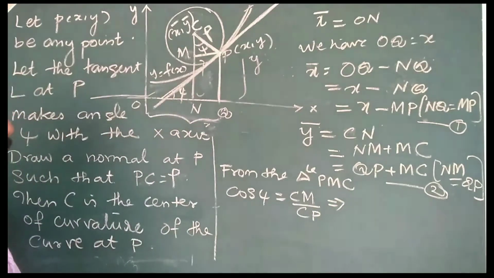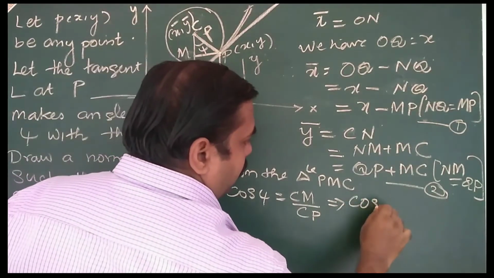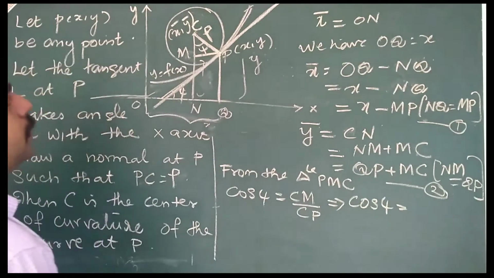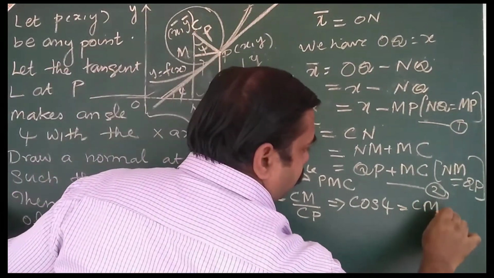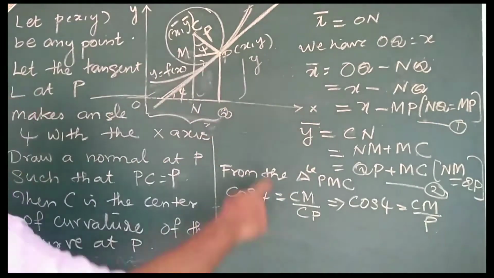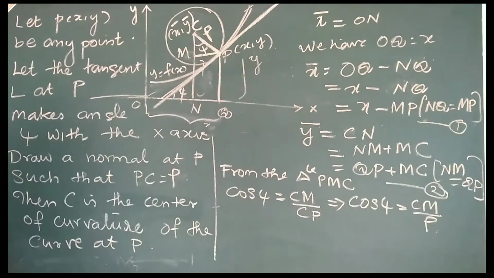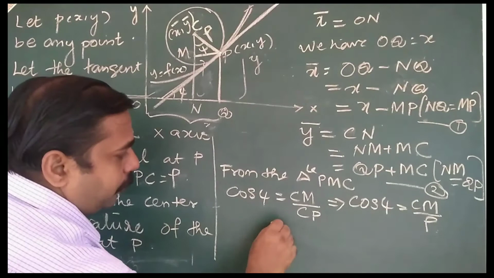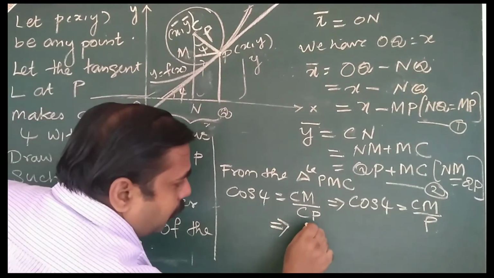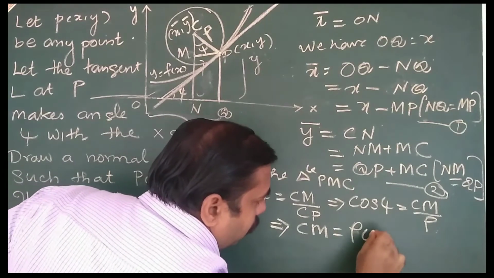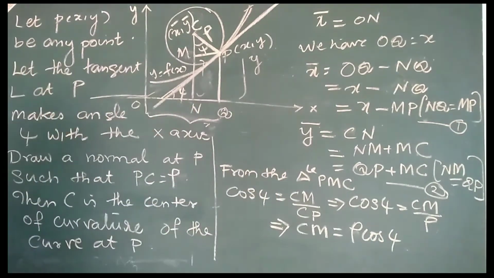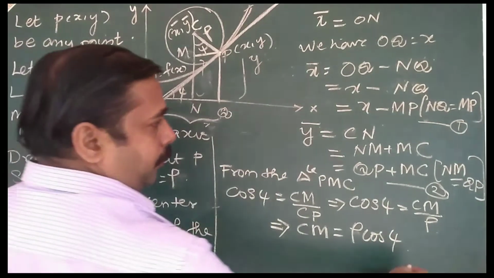That implies cos psi is equal to CM by rho, because CP is equal to rho. That implies CM is equal to rho cos psi. So this is equation number 3.